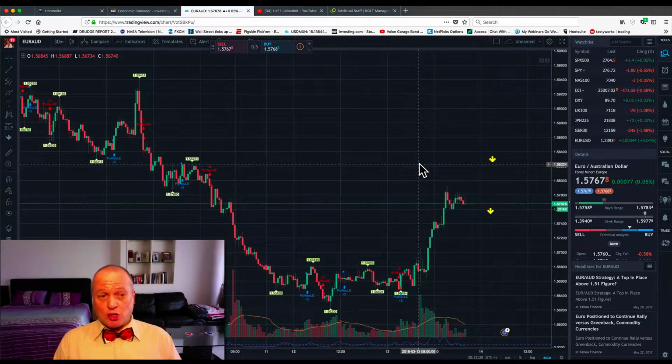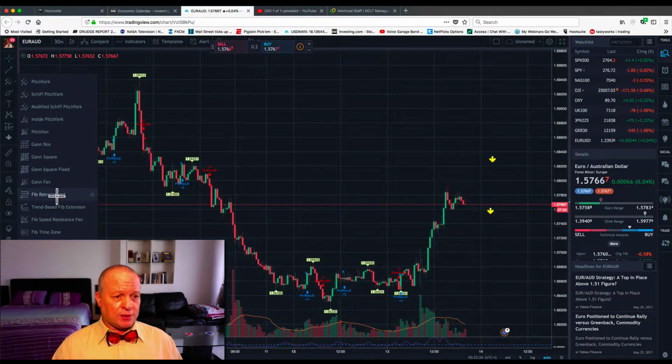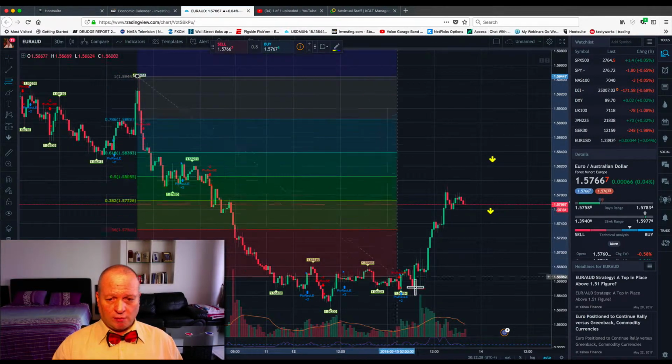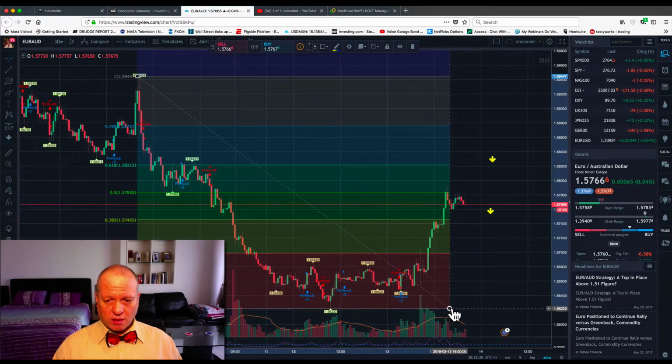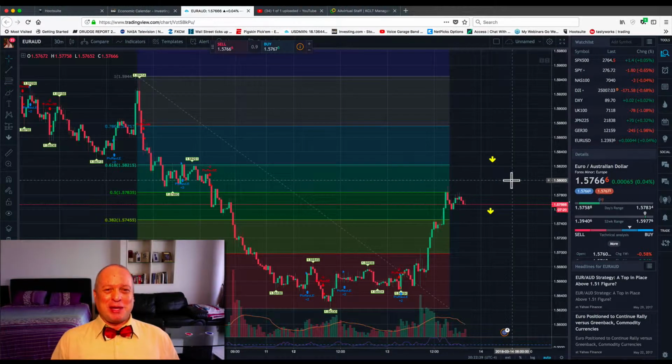The other thing you can do is you can actually fib this whole swing here. And you can see we're sitting at the 50% fib. Isn't that amazing how that works? It really is just amazing how that works.